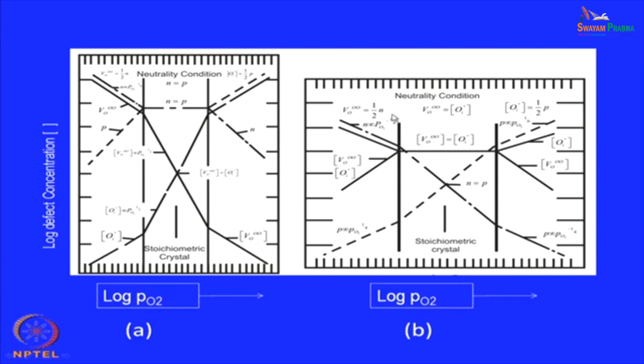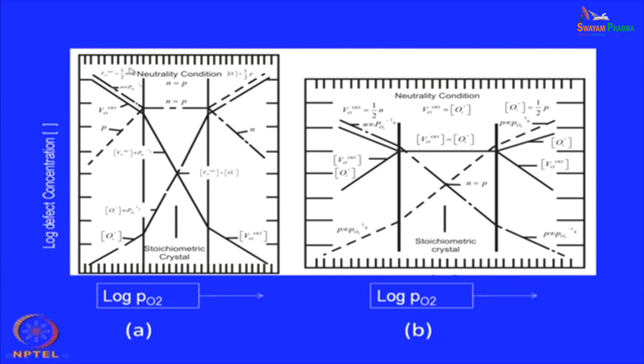There are other oxides which are normally hole type conductors, so they will fall in this range, and there will be another category of oxides which are mostly negative or electronic conductors, and they will fall in this category.